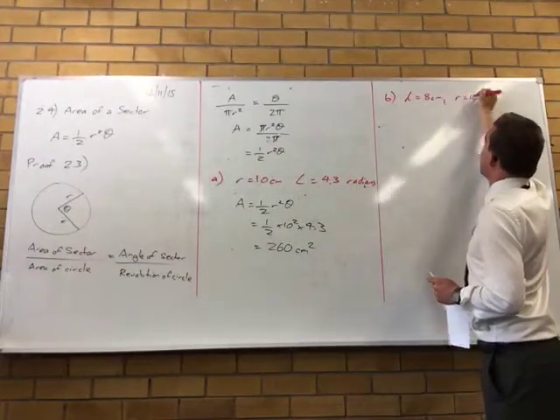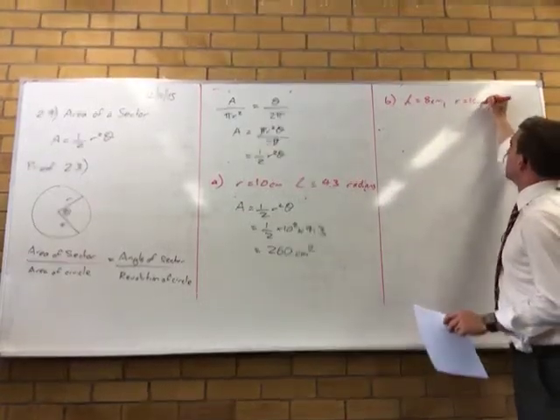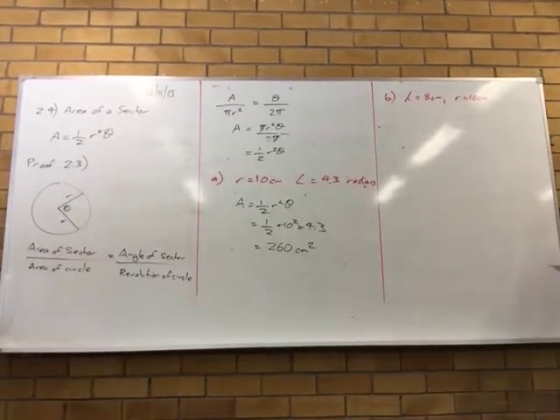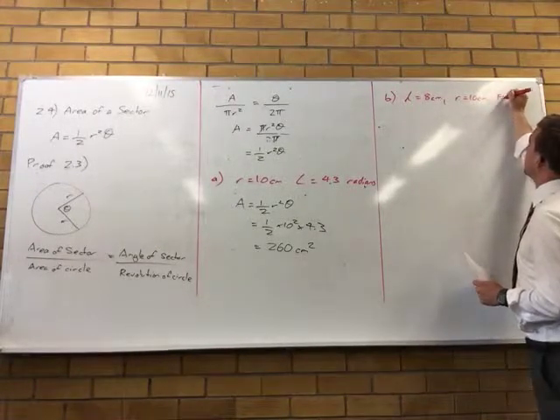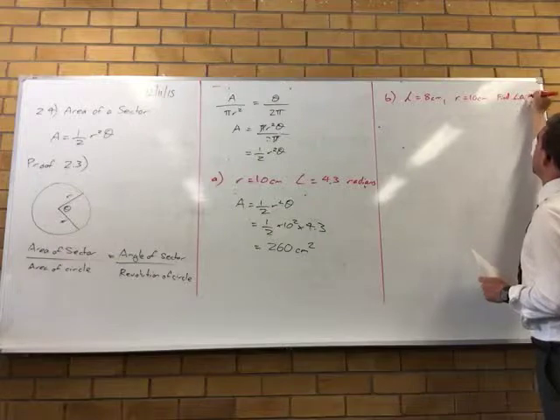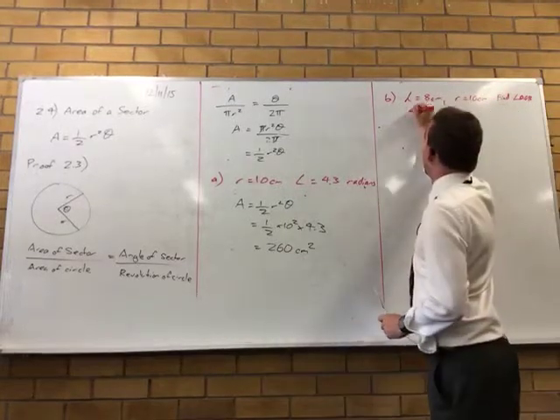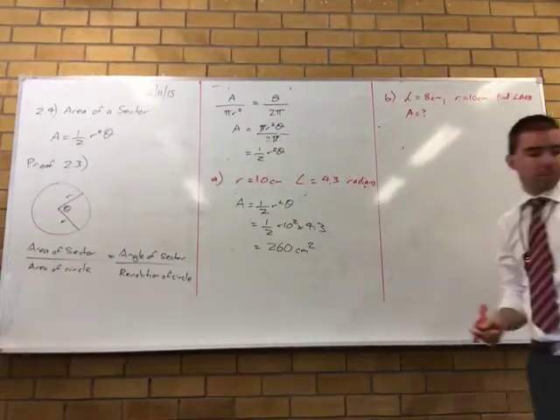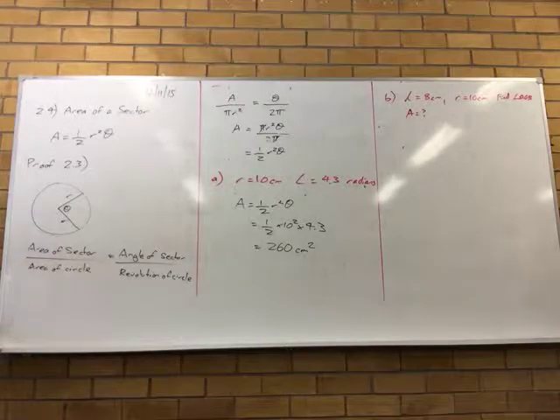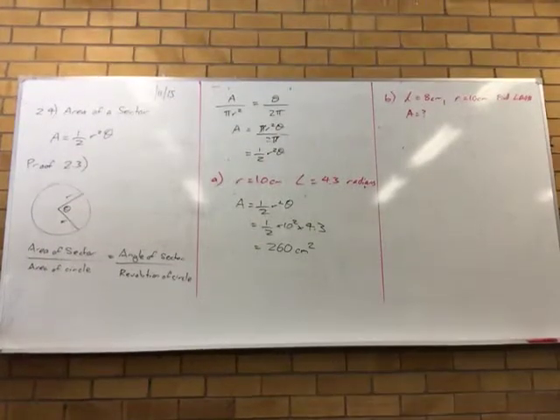Find the angle AOB in both radians and degrees, and then calculate the area of the sector. So the question is telling you what you need to do: first you find angle AOB.